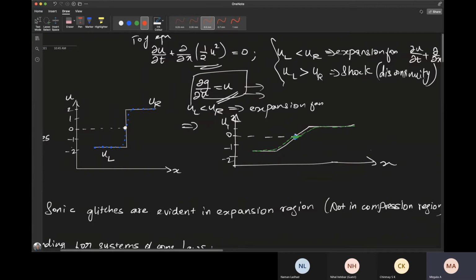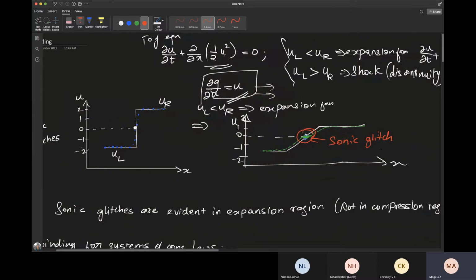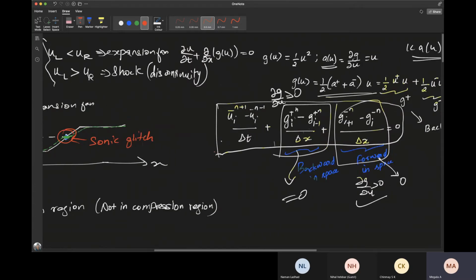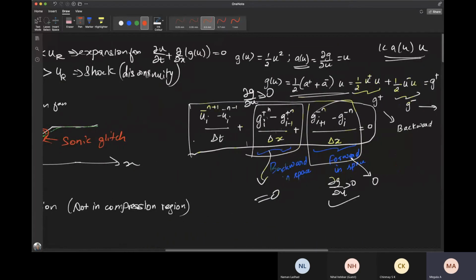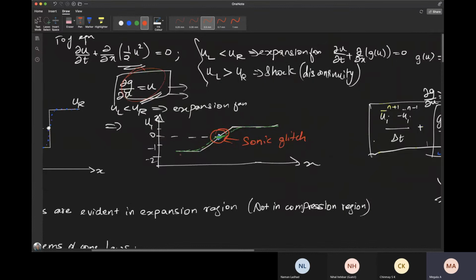This is commonly known as the sonic glitch. This happens at regions where there is a switch in sign of dou g by dou u, and hence there is a switch in the type of scheme that you're using. So you'll experience some kind of glitch over here. This is commonly known as the sonic glitch.